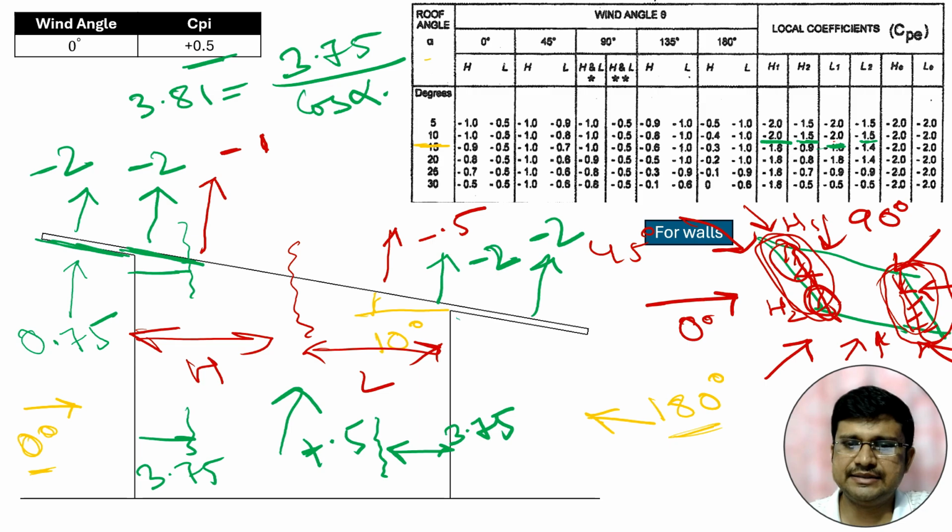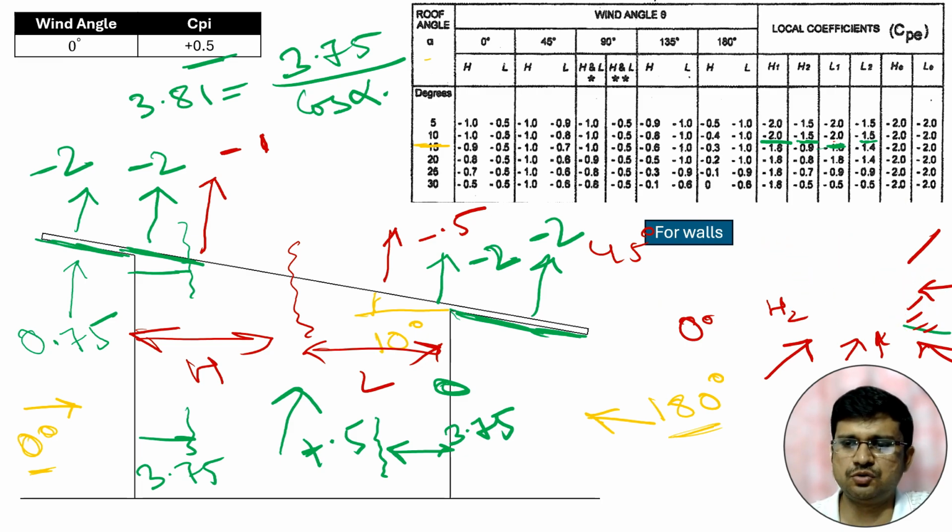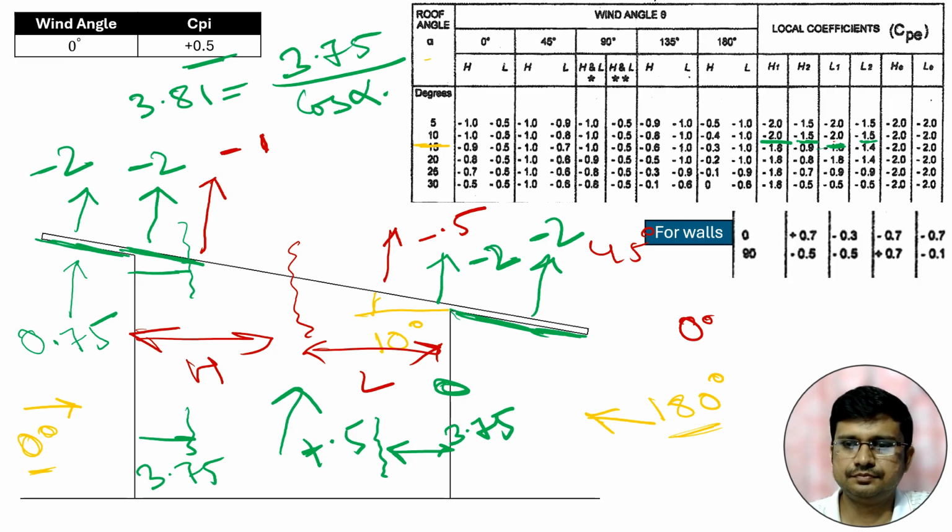And here in this portion, we have to consider the value of the adjoining wall. So how much is the value for the adjoining wall? For the adjoining wall, if wind is coming from this direction, this is 0 degree, then this is A, this is B. So here at 0 degree, the value for B is -0.3.